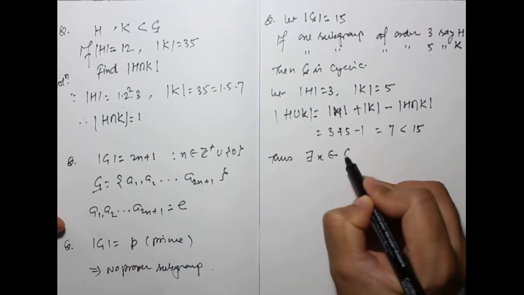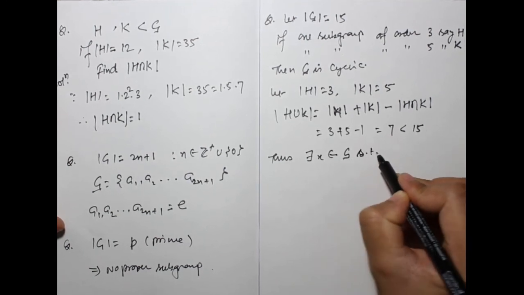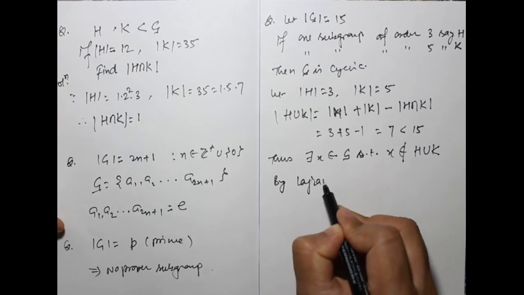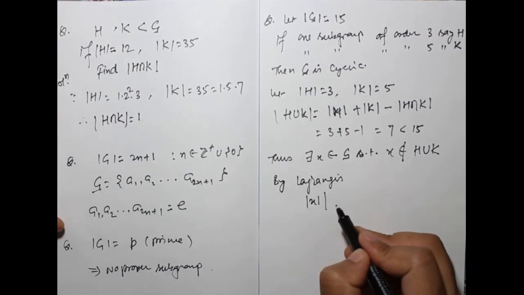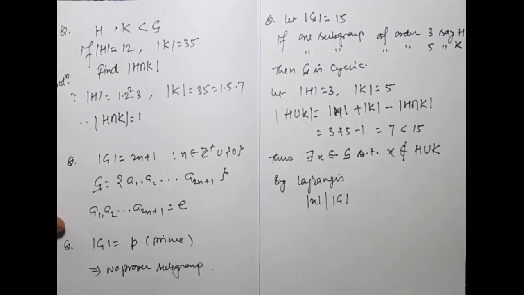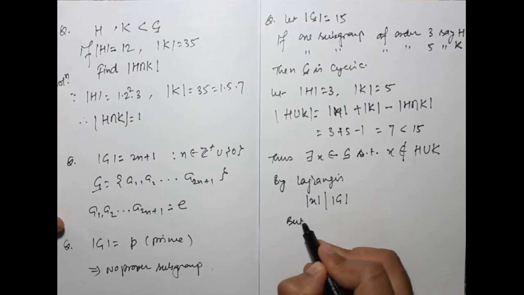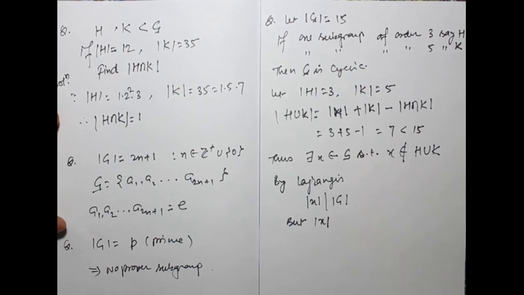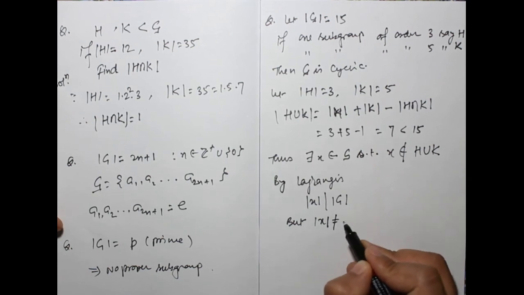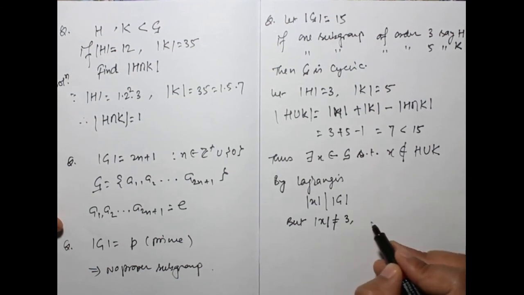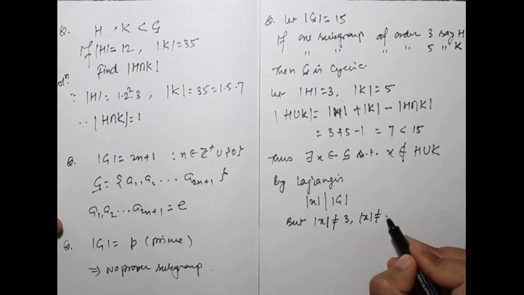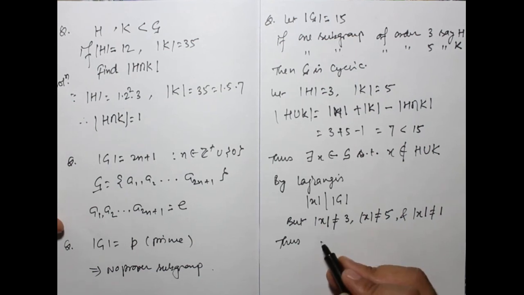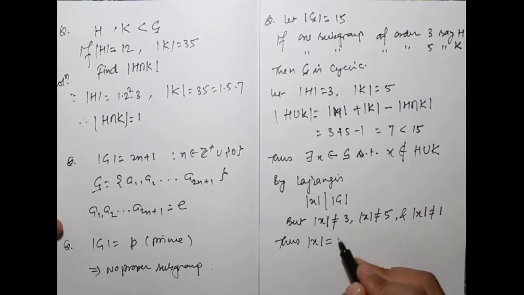There is an x belonging to G such that x does not belong to H union K. By Lagrange, the order of x must divide the order of G, but x cannot belong to H union K. So the order of x cannot be 3, the order of x also cannot be 5, and x cannot be the identity. Thus the order of x must be 15.